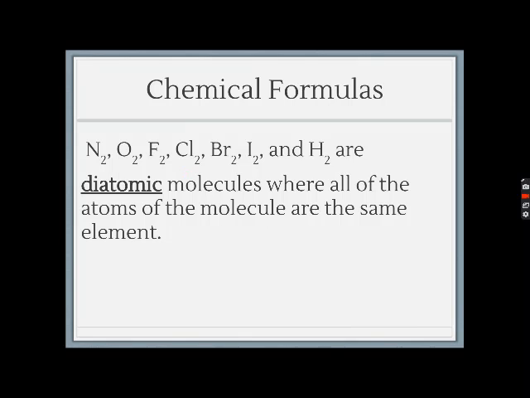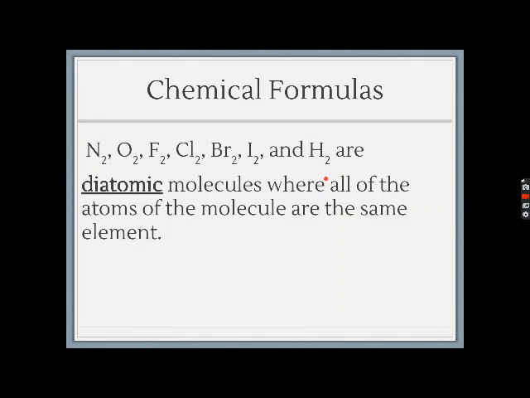They exist as diatomic molecules, which means if we were to look at these and kind of break them apart chemically, we would find in nature two atoms of hydrogen bonded together chemically. That's the way it exists. Same thing with nitrogen, oxygen, fluorine, chlorine, bromine, iodine. They exist as two put together.